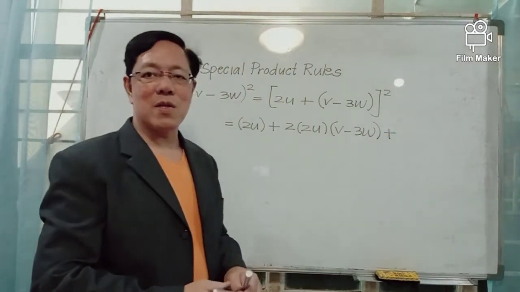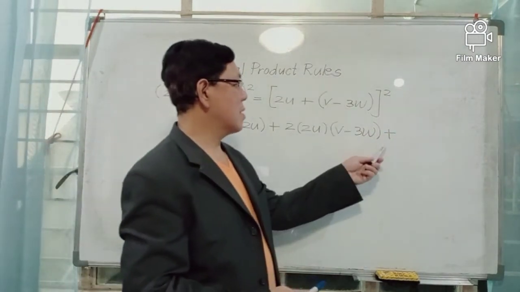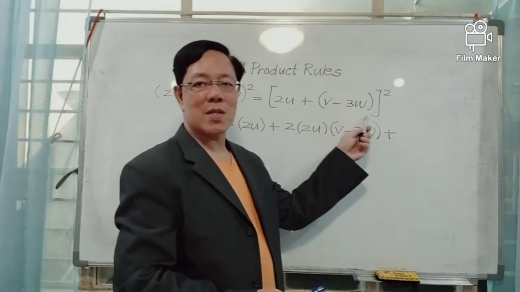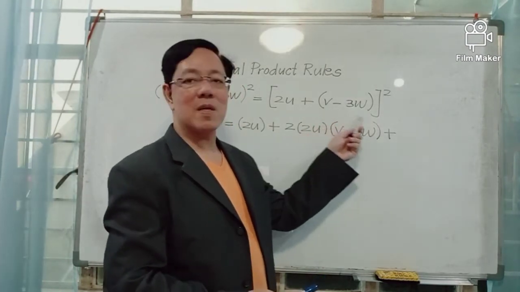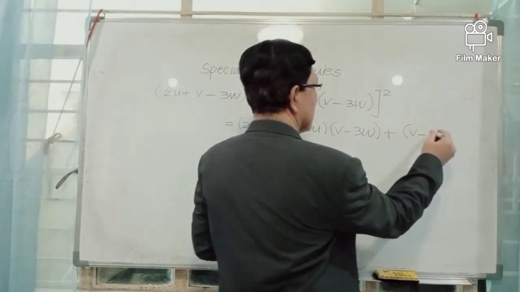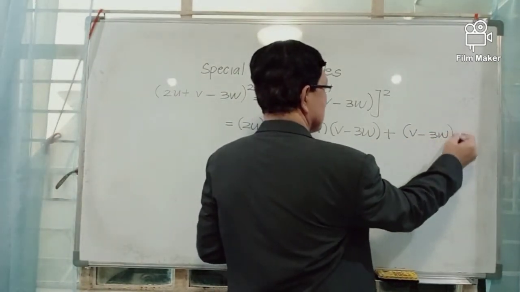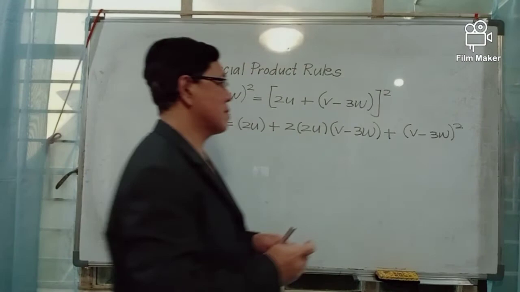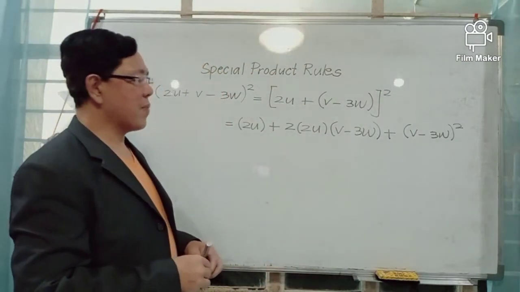And the last term is positive, the square of the second term. The second term is v minus 3w, so the square of v minus 3w, squared.